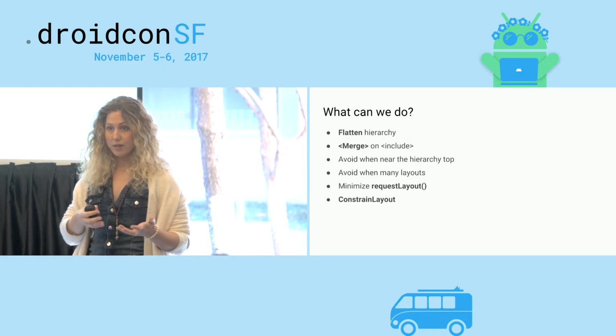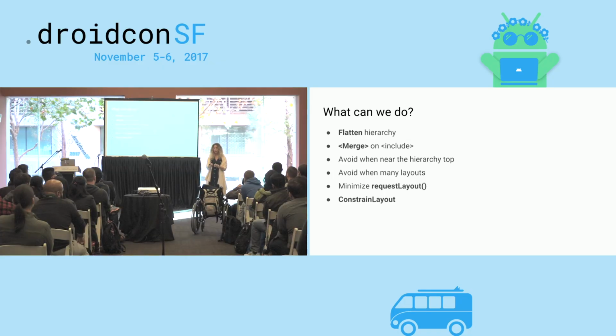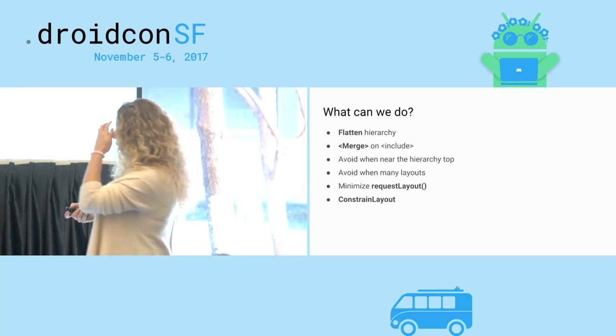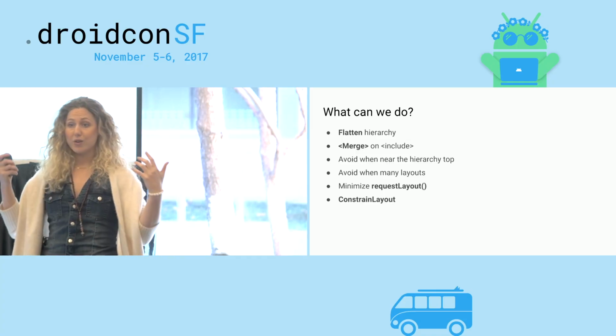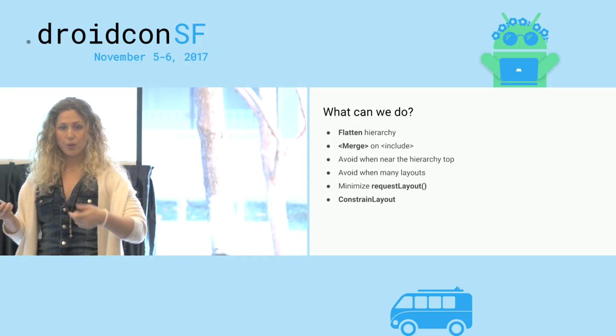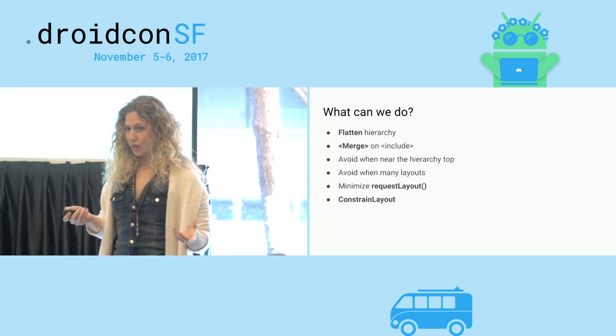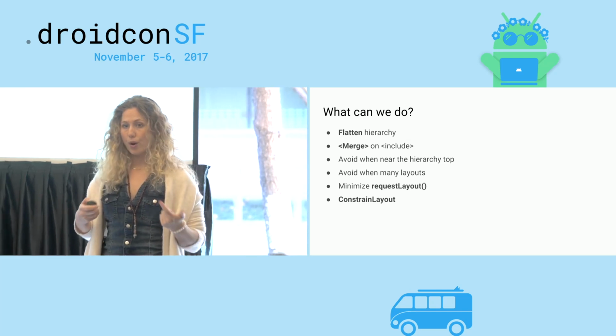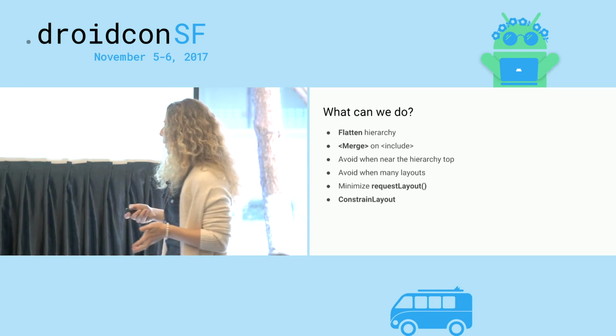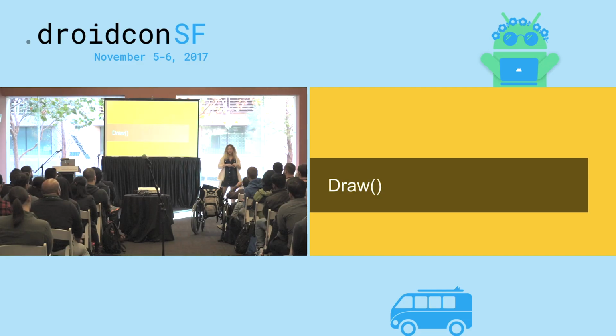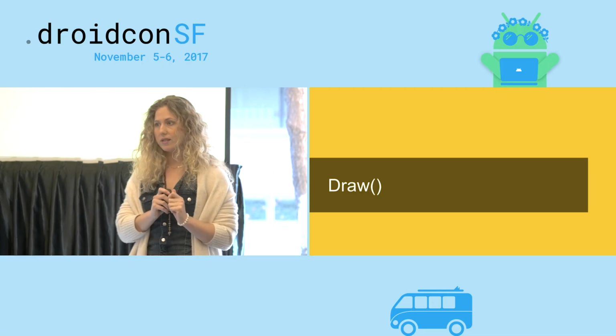They added very recently best practices for how to handle slow rendering. And ConstraintLayout, of course, is meant to address those issues, to make the measurement and the layout more efficient. So what I'm going to do today is talk a little bit more about the draw part, what's going on there.